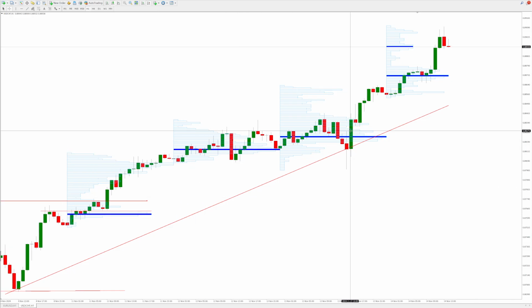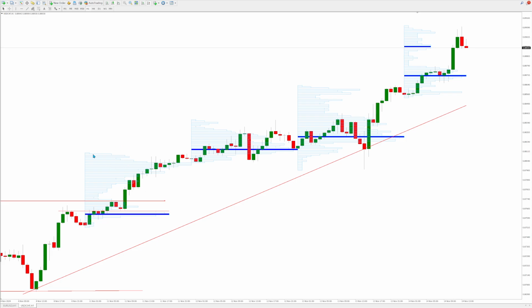Same around here, and even around here, you can see this entry that's actually acting as a good level of resistance come support. So that's how I would trade with it, and just avoid when it's really low.